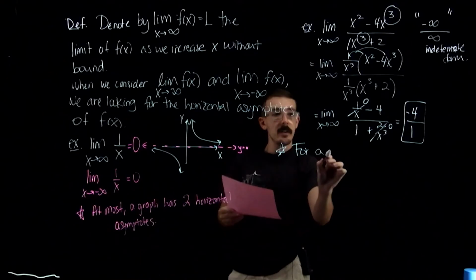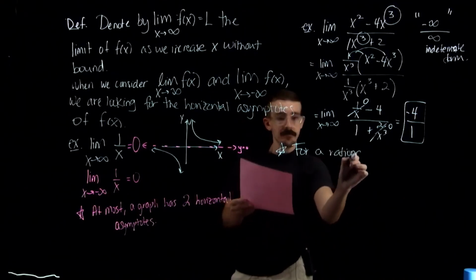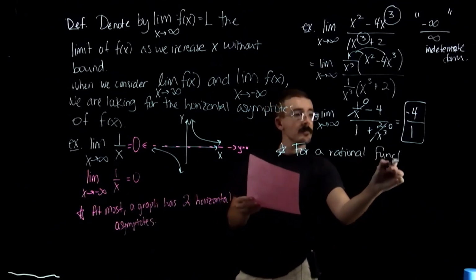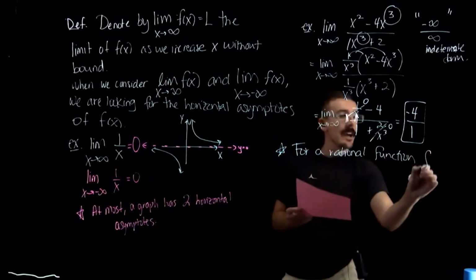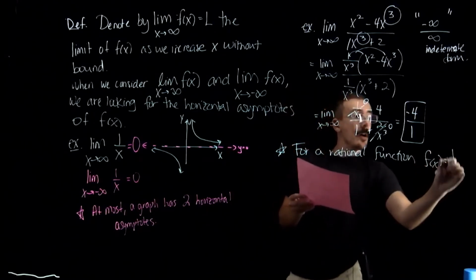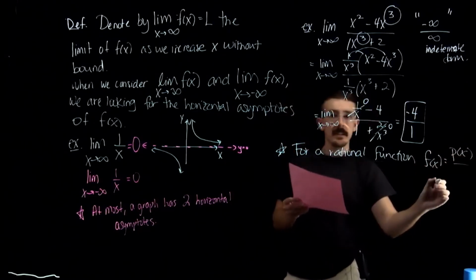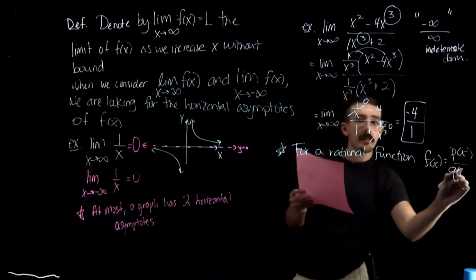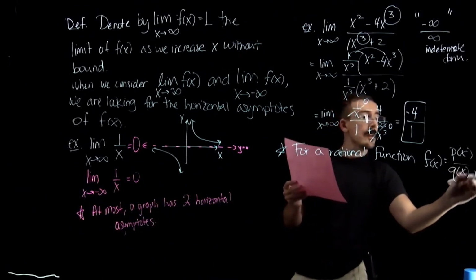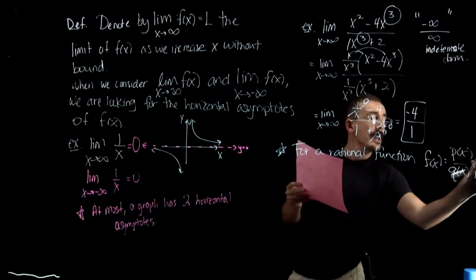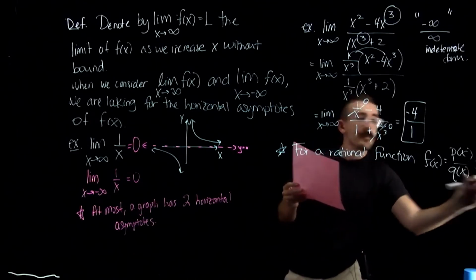So for a rational function, we'll say it's f of x equals a polynomial on top, p of x, divided by a polynomial on the bottom, q of x. I'm writing, but you're not seeing that.